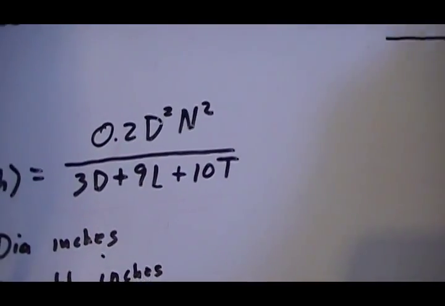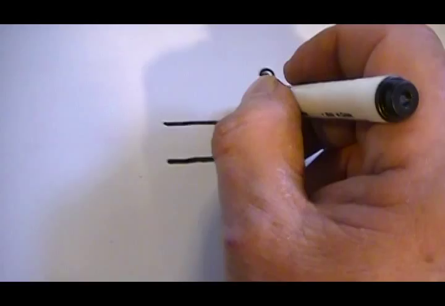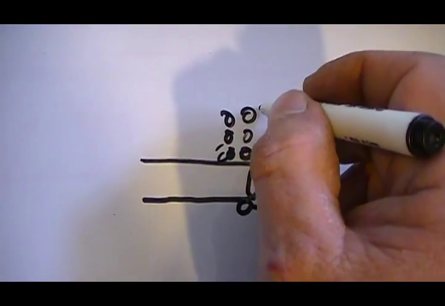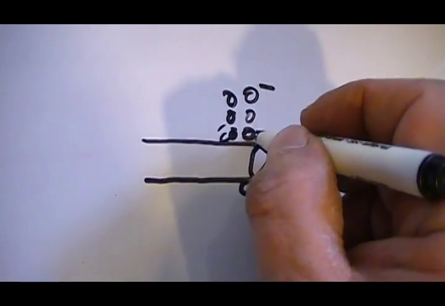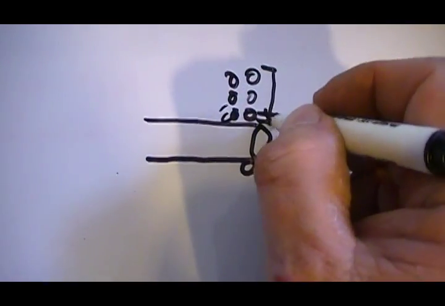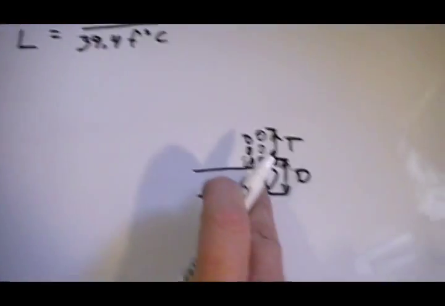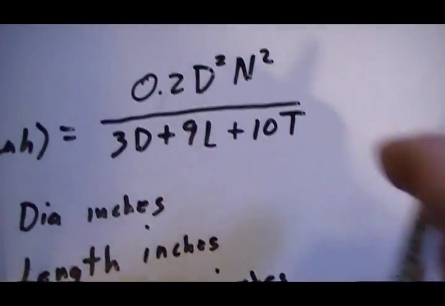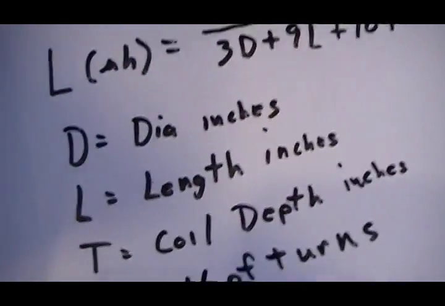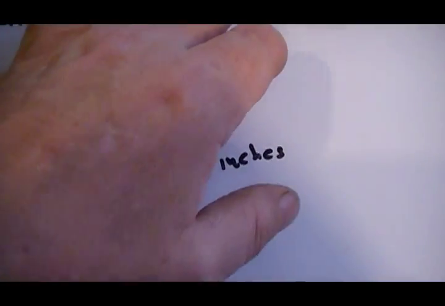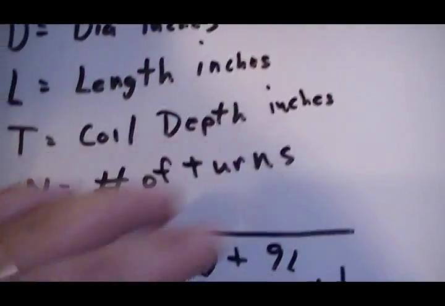But if you have multiple layers, another set of coils above here and another above here, wound out like this, then that thickness, measured from the outer edge to the outer edge, is T. Otherwise, if it's just a single layer, the T goes away and you don't have to worry about it. This is all in inches, and N is the number of turns, and everything is in inches.